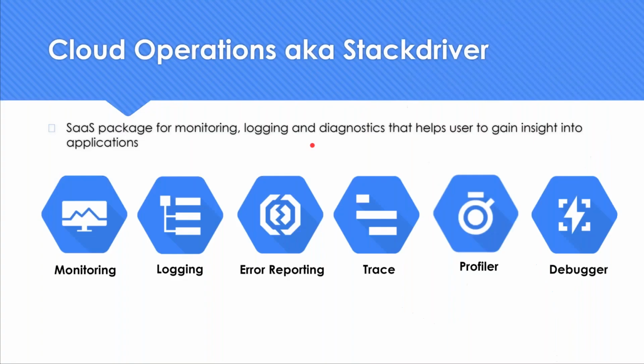So Stackdriver was an acquisition which Google did in 2014, if I'm not wrong, which was a cloud monitoring tool. A point to remember here is that in 2014, when Google acquired it, Stackdriver was already supporting AWS. So it was a third-party product supporting whatever cloud providers were there at that time.